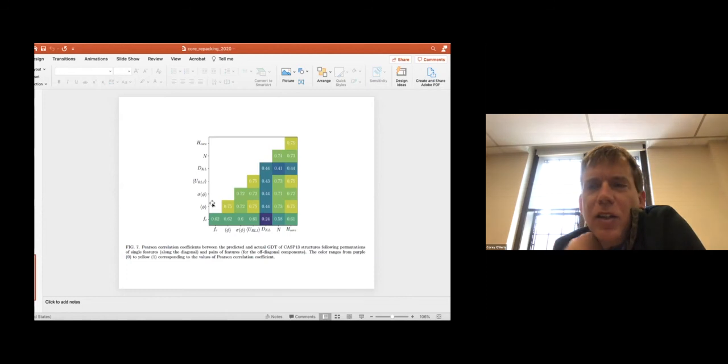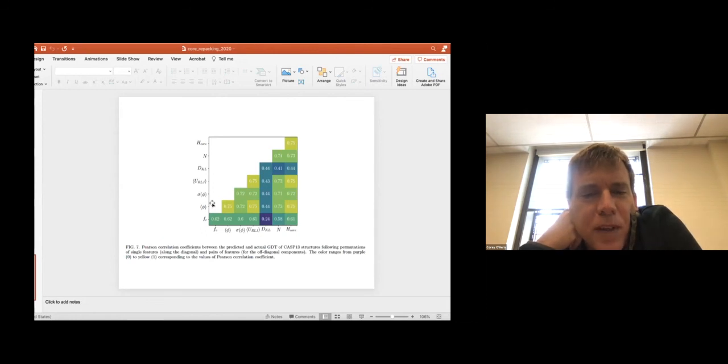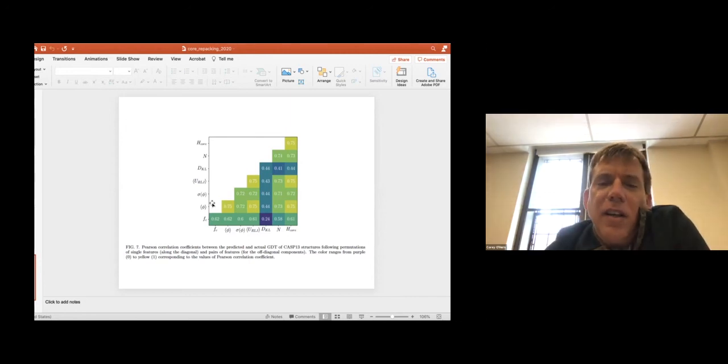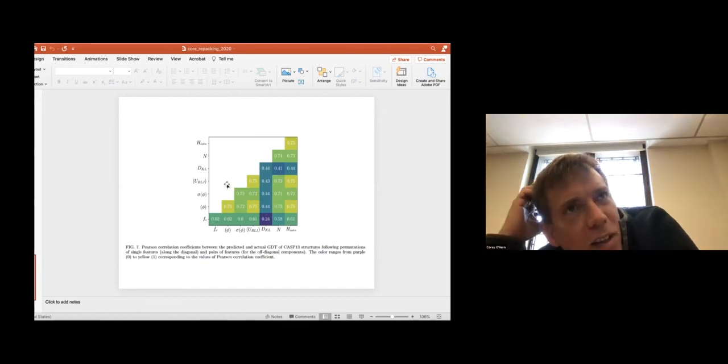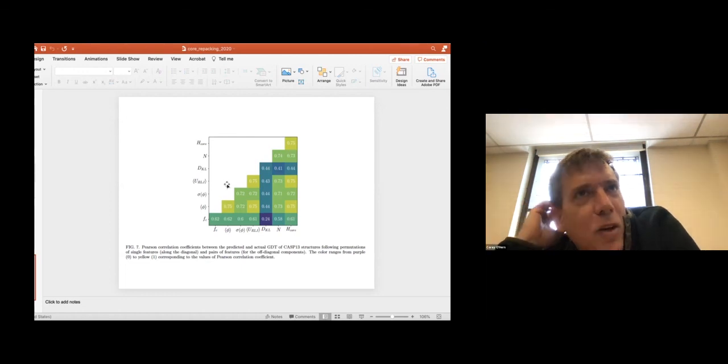I'll finish up with this. We also did a sensitivity analysis, or a feature importance analysis, where we tried to identify which feature was most sensitive. And we found that what was most sensitive was, could we detect which particular residue went in the core?